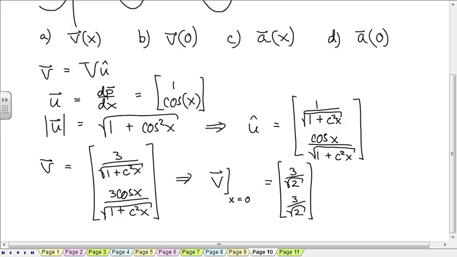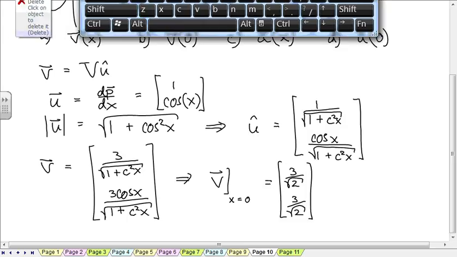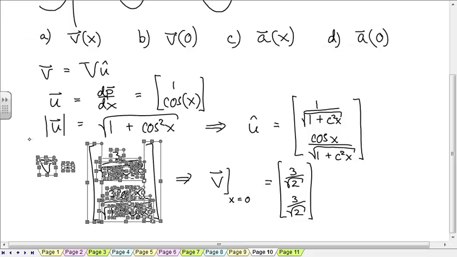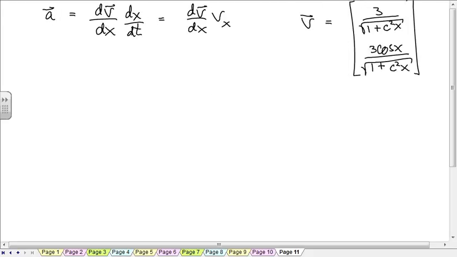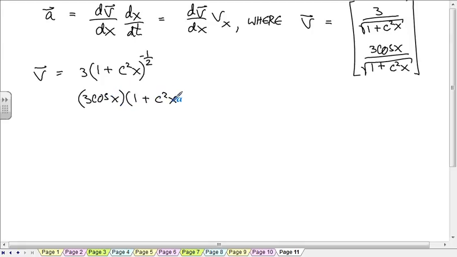So this is v. v is equal to 3 times (1 plus cosine squared x) to the minus 1/2, and then 3 cosine x times (1 plus cosine squared x) to the minus 1/2.